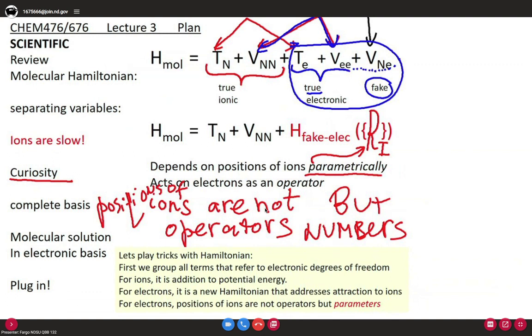But we will try to solve the Schrodinger equation for this blue operator, assuming that R capital is not an independent variable. It is a parameter that we set, and for each value of this parameter, we resolve the equation once again. So there will be no differential operator that acts on this R. We will not look to solve for it in the sense of differential equations. It's just a parameter that we set up and solve.